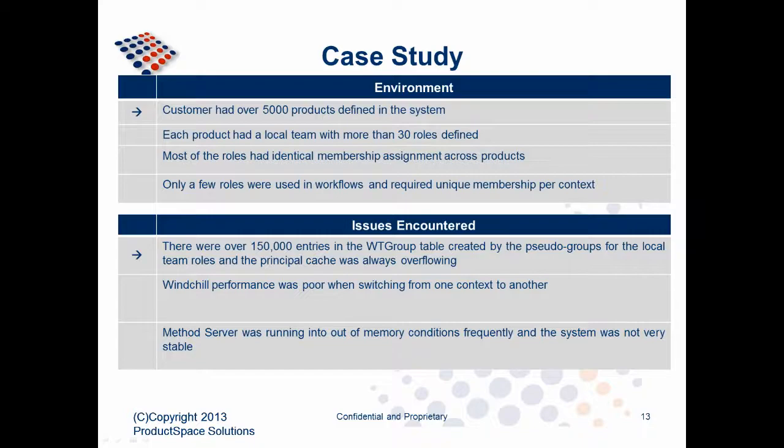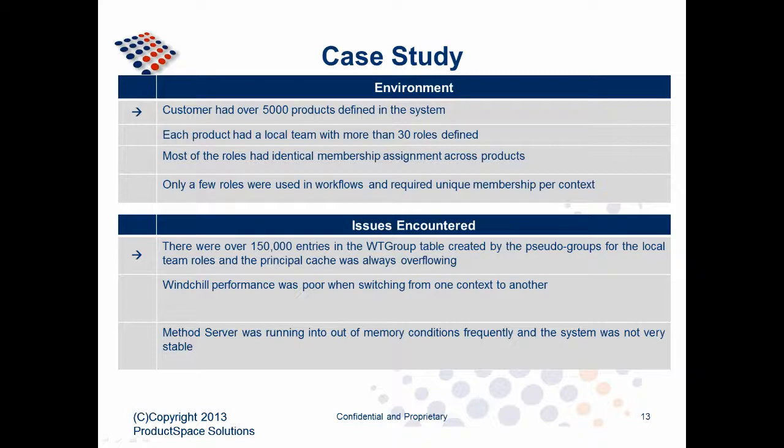Now we'll talk about a customer experience from our implementation. One of the customers where we implemented this functionality had over 5,000 products defined in their system. Each product had 30 plus roles defined in it.